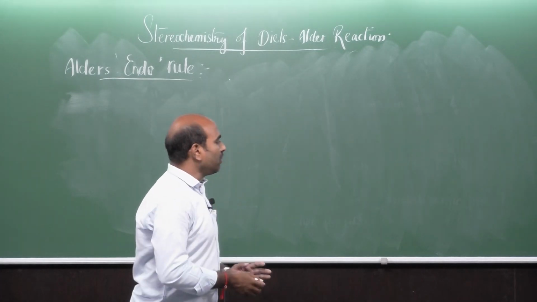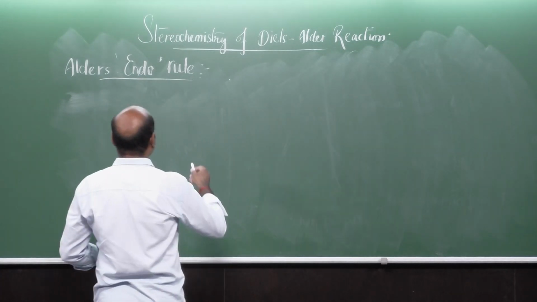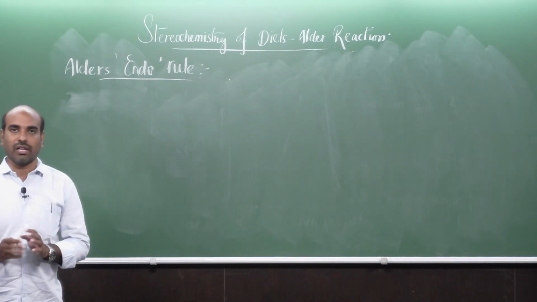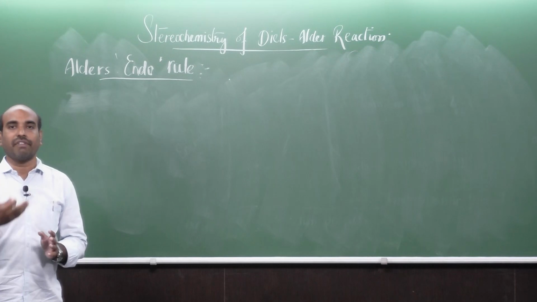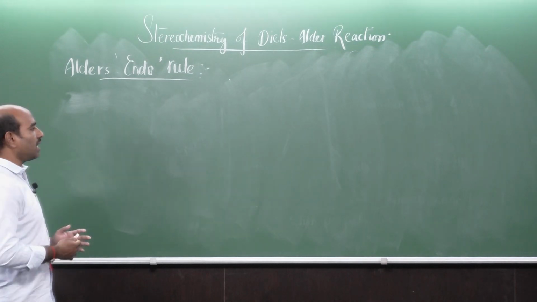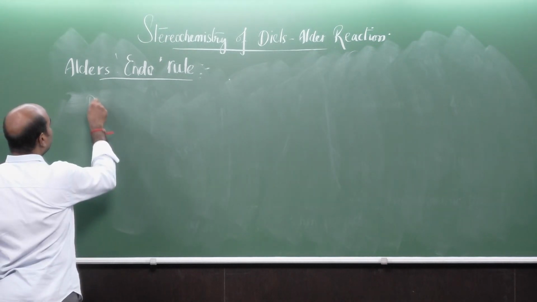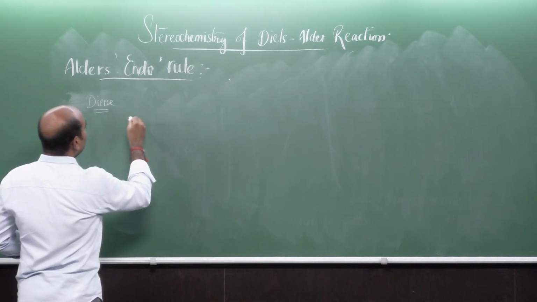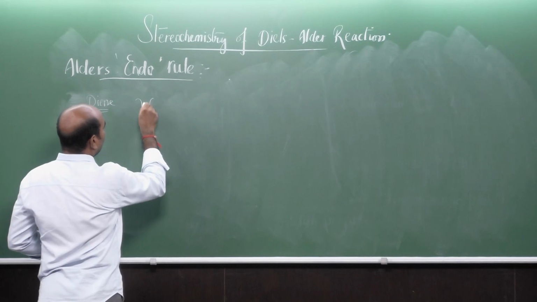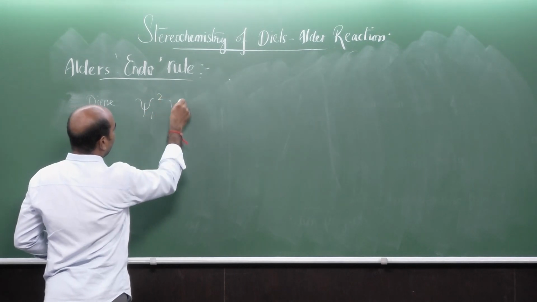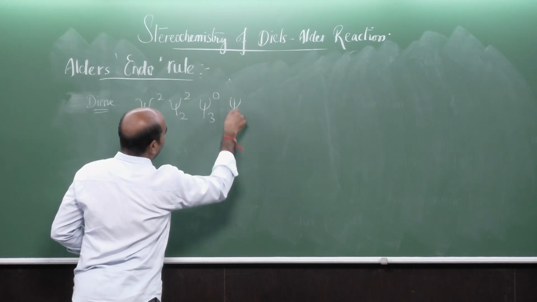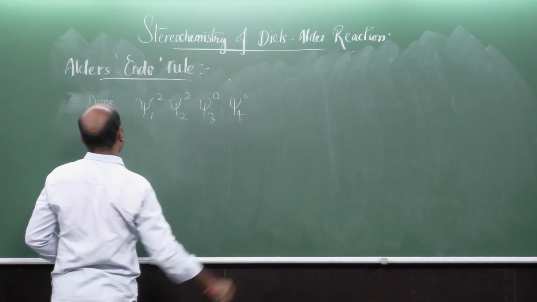If you take help from the frontier molecular orbital approach to explain this phenomenon, what does it say? The diene has 4 molecular orbitals: psi1 (2), psi2 (2), psi3 (0) and psi4 (0).